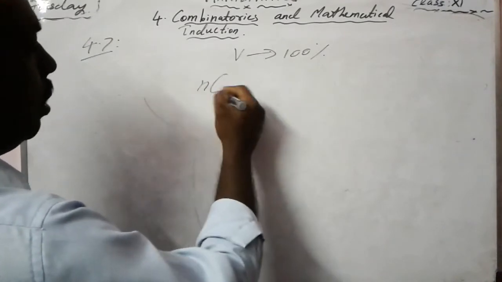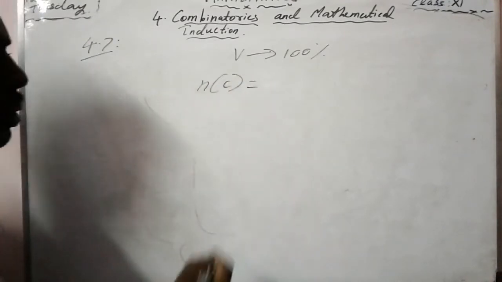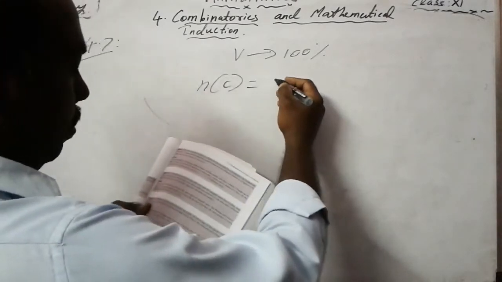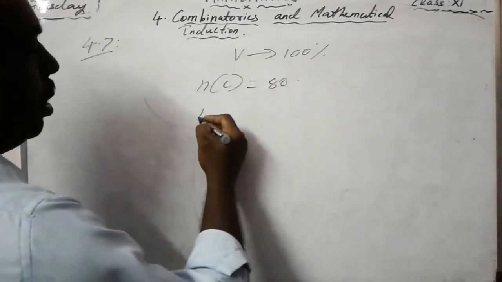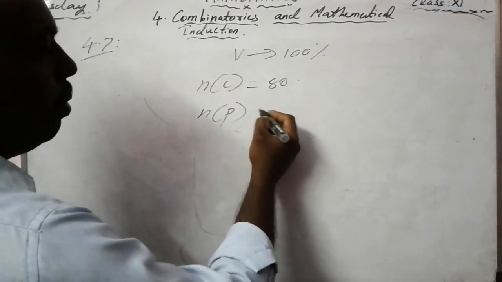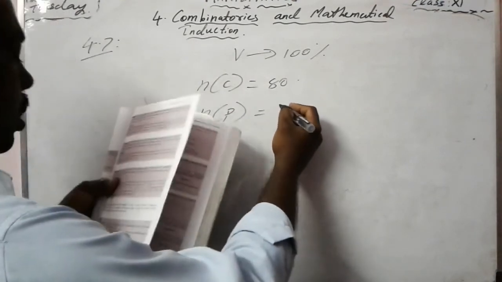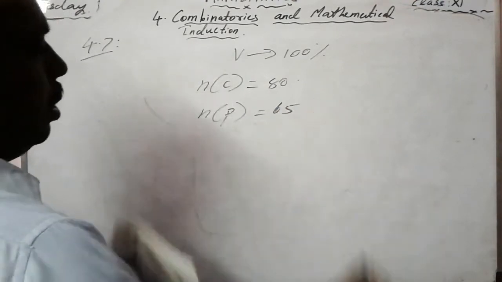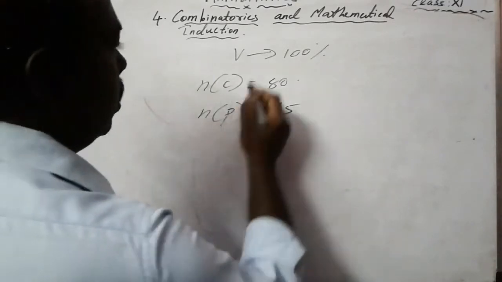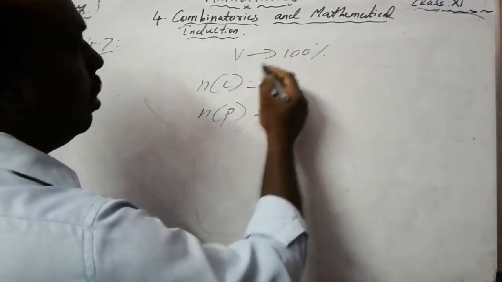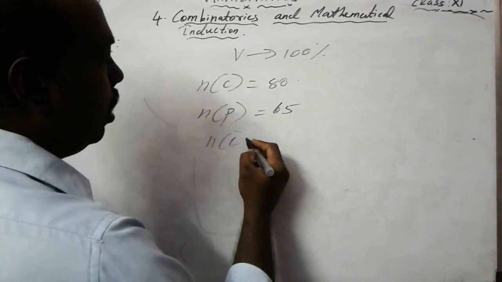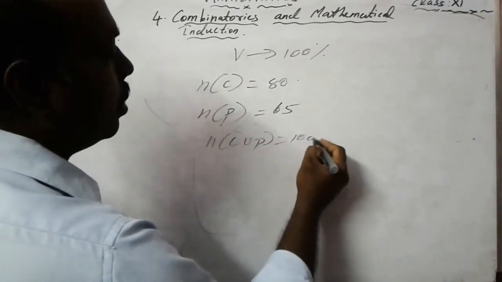So coconut groves can be written as N of C equal to how many percentage? 80%. Then N of paddy field owners is how many percentage? 65%. Am I right? So total N of C union P equal to 100%.